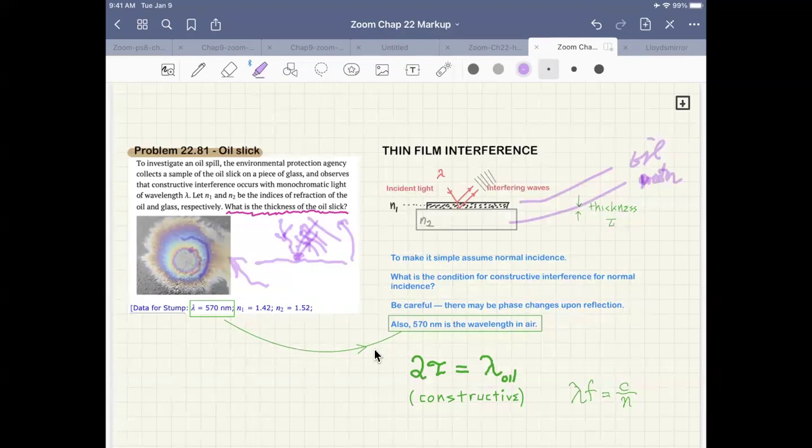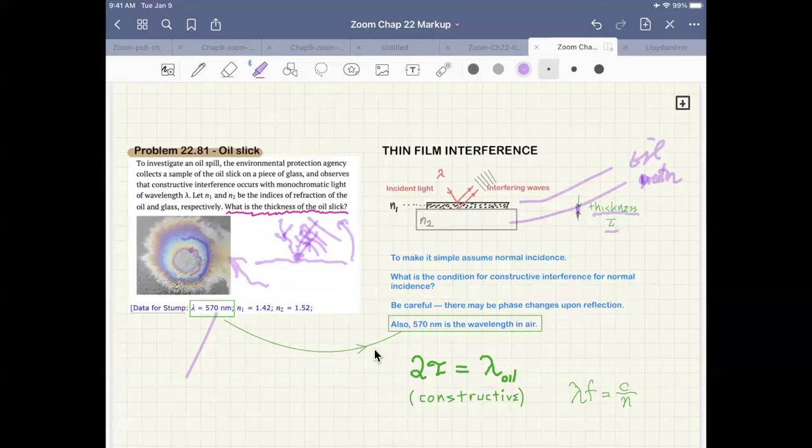Now the question is, what's the thickness of the oil slick for a given wavelength? 507 nanometers, that would be kind of yellow. There'll be interference if the thickness here, that's the thickness of the oil slick, call that tau.